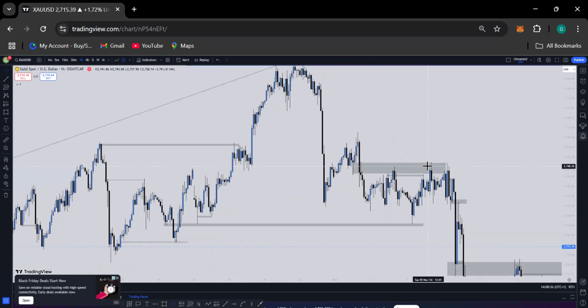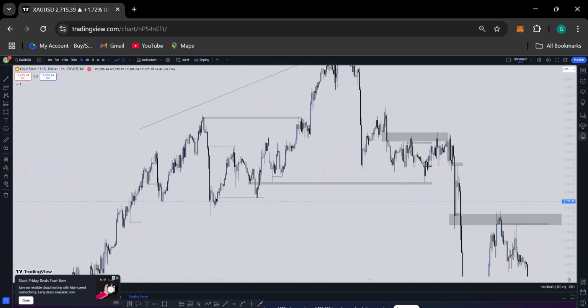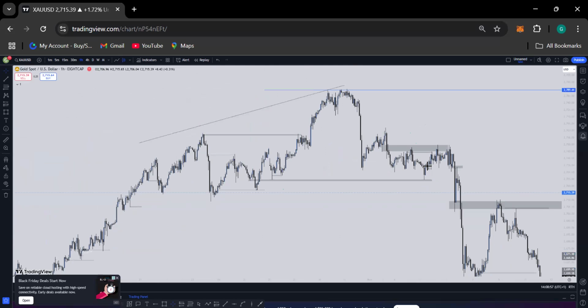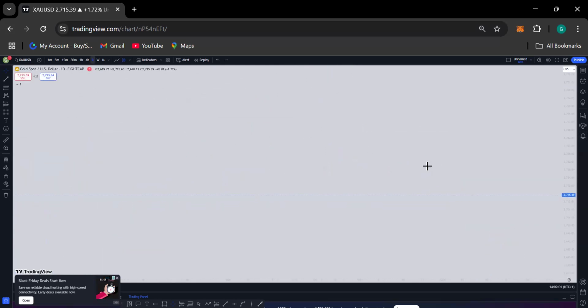The context right here was to go with shorts, and this is based off the weekly. The weekly came into control with the extension setup, and while dropping, we did see price react off the daily, right?